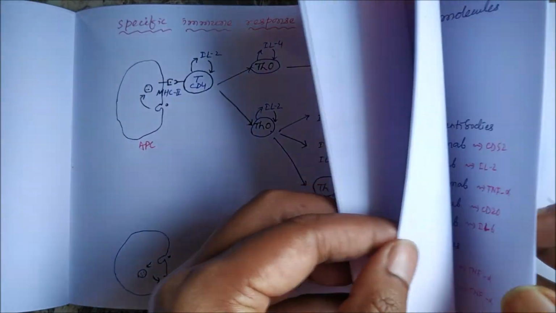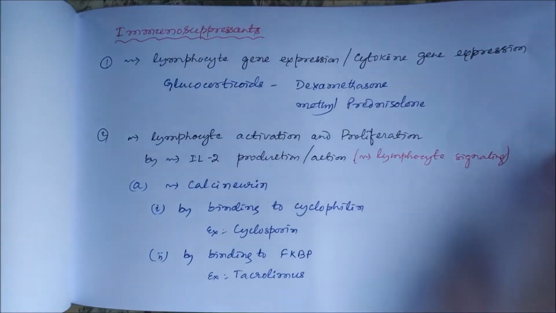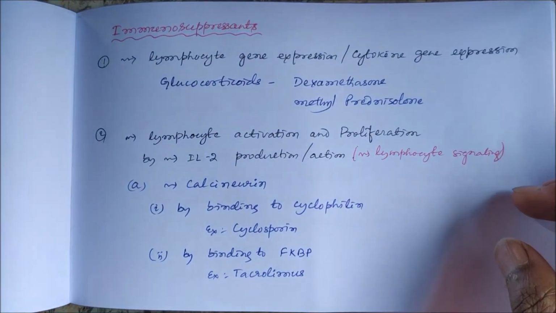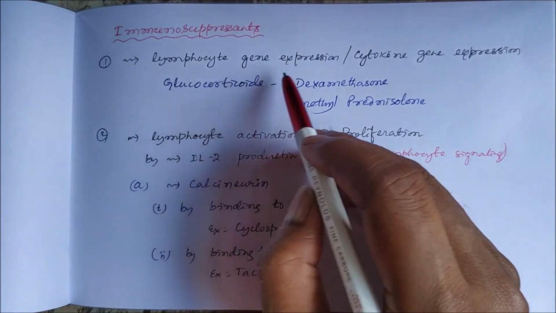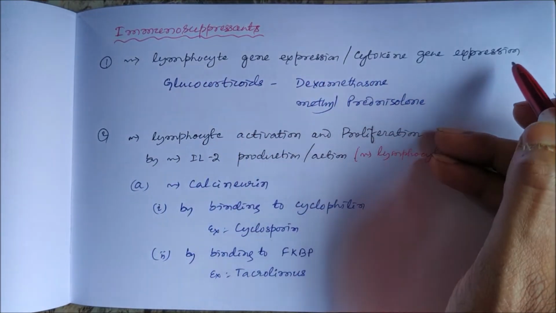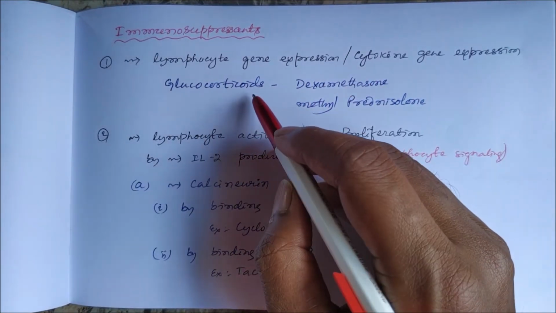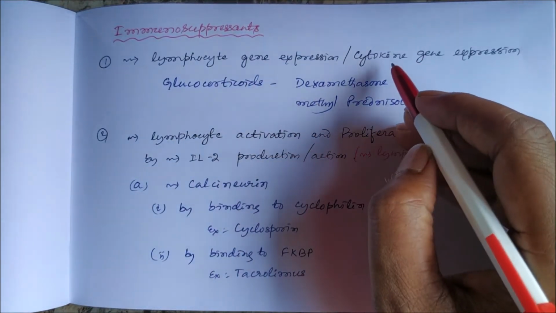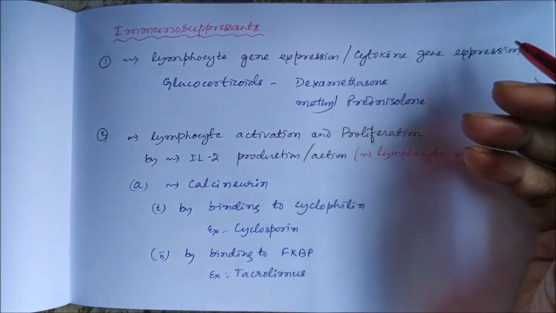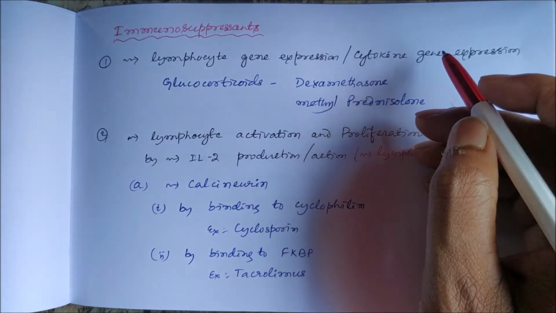So immunosuppressants, we can classify them like this: those that inhibit lymphocyte gene expression or cytokine gene expression. Glucocorticoids inhibit the expression of cytokine genes like interleukins.